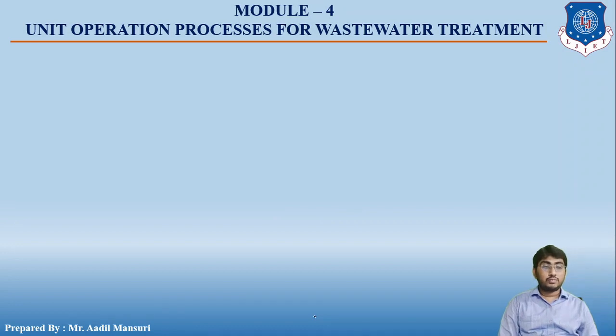Okay, so next, to find out BOD of effluent. Okay, next step is to find out BOD of effluent. How much is desired? It is desired is 30 milligram per liter, right?